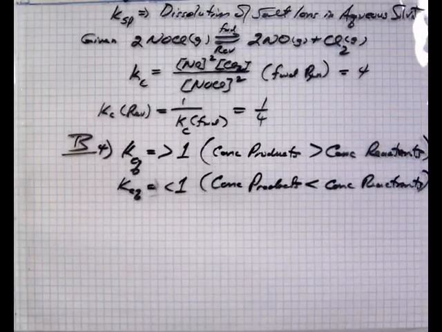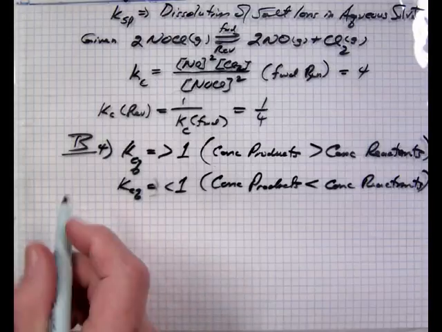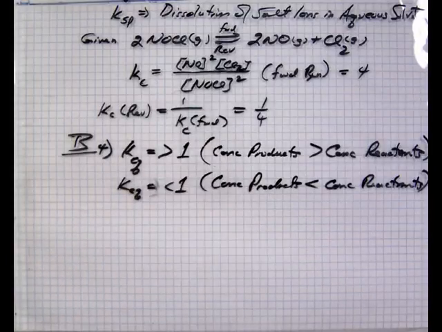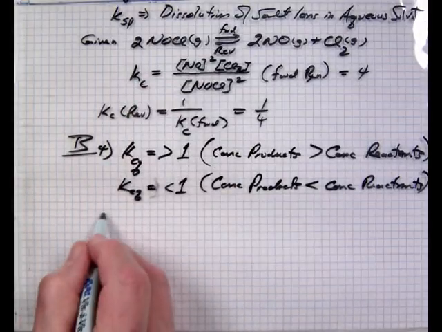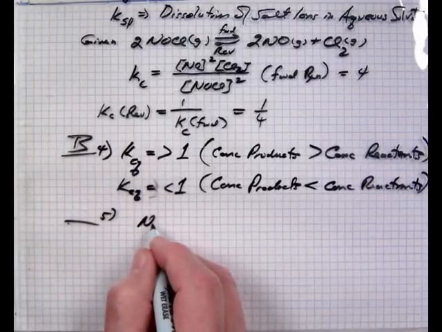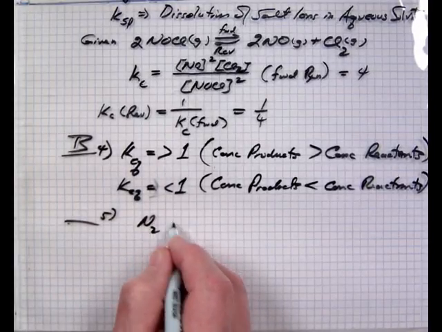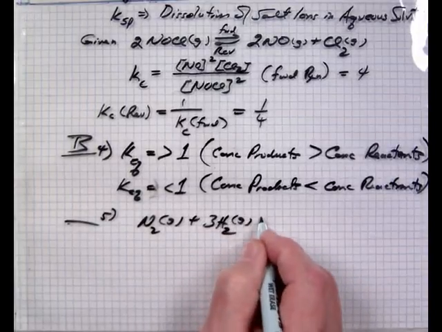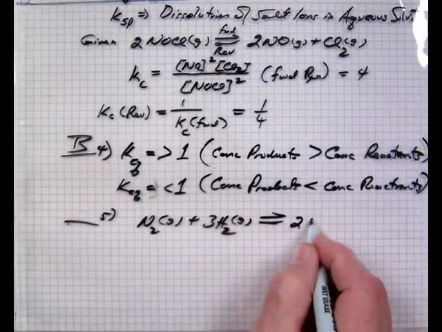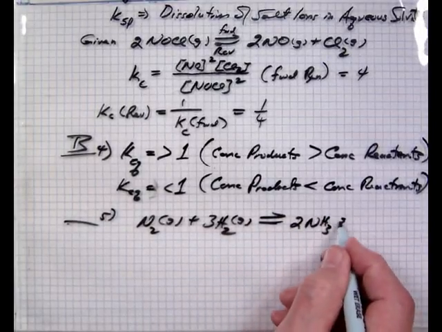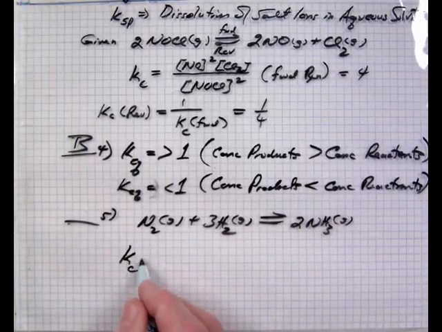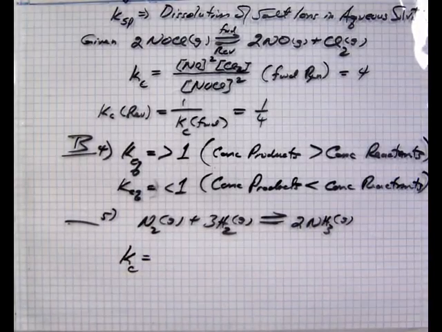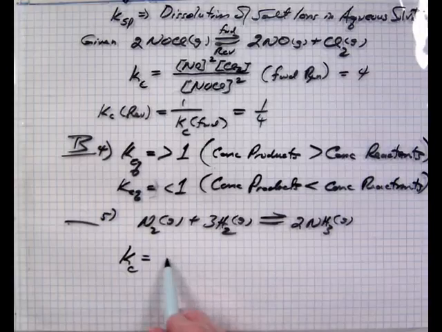Finally, I gave you the synthesis of ammonia, and just as you picked out the equation up here, the synthesis of ammonia reaches an equilibrium with 2 moles of NH3 gas. And again, all gases, we typically put a Kc value, and that's products over reactants.